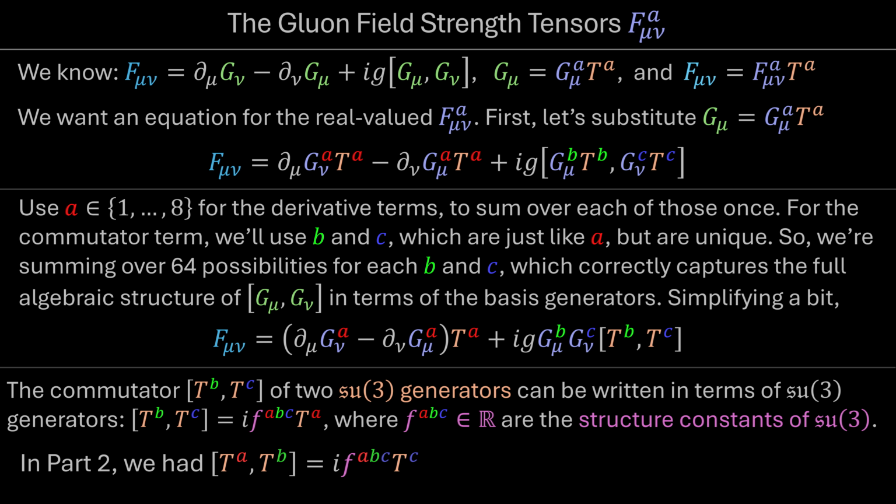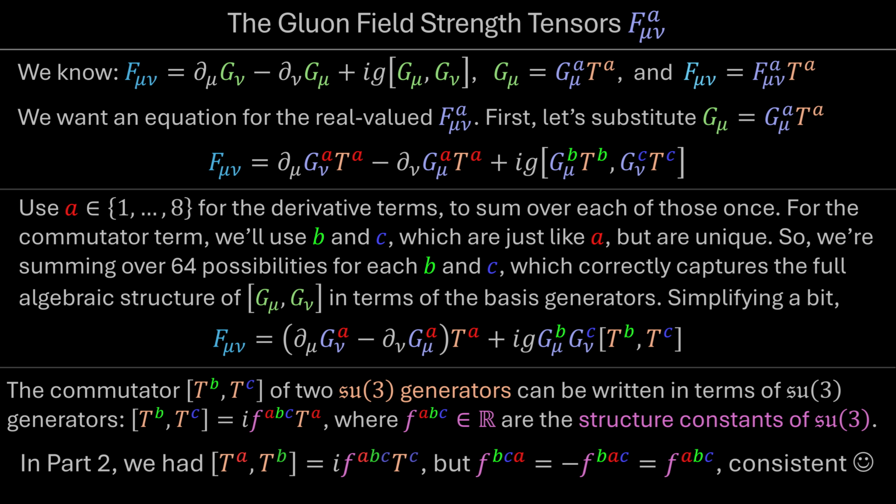But what's really nice is that because of the anti-symmetry of the structure constants, whenever you switch 2 indices around, you just pick up a minus sign. And so it's true that here we should have written f B C A. But f B C A equals negative f B A C, switch the A and the C, and negative f B A C equals f A B C, because you switch the B and the A. And so actually, the equation we've written here for the structure constants is totally consistent with the definition we used earlier.